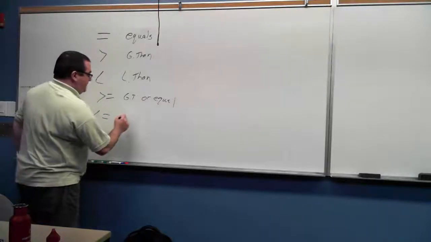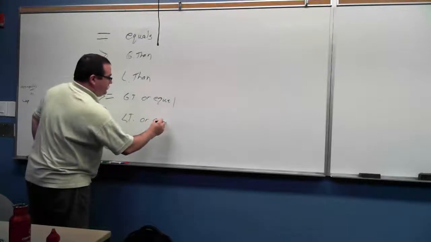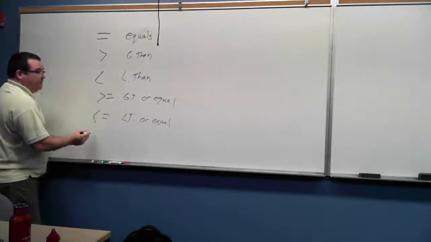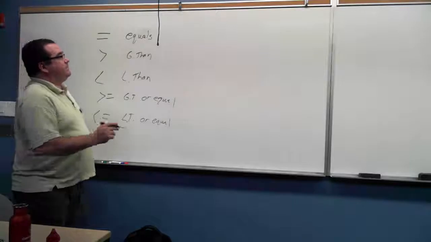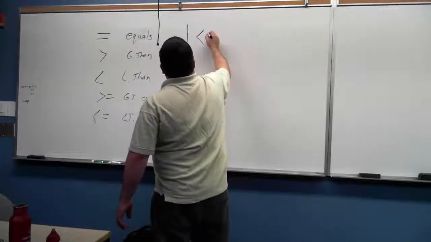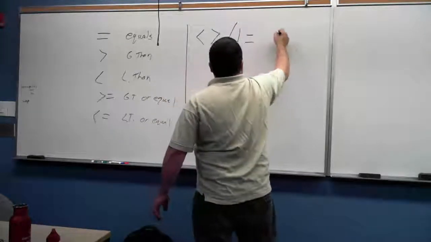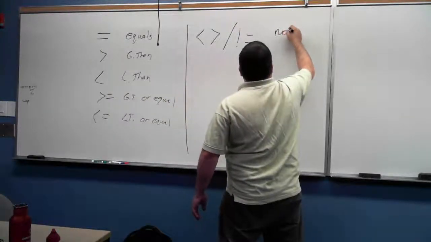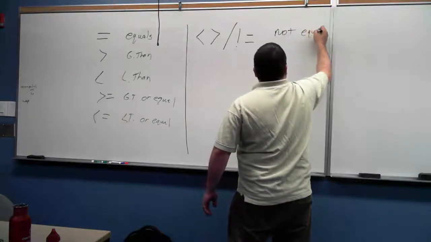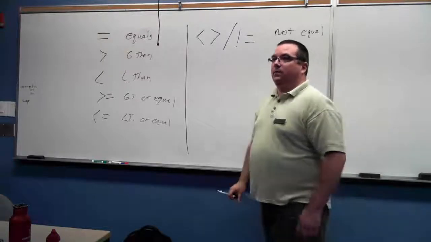Less than or equal. And then there's good old SQL being slightly bipolar. You have the choice of two different versions of non-equal. The first one's kind of been deprecated, the last one.